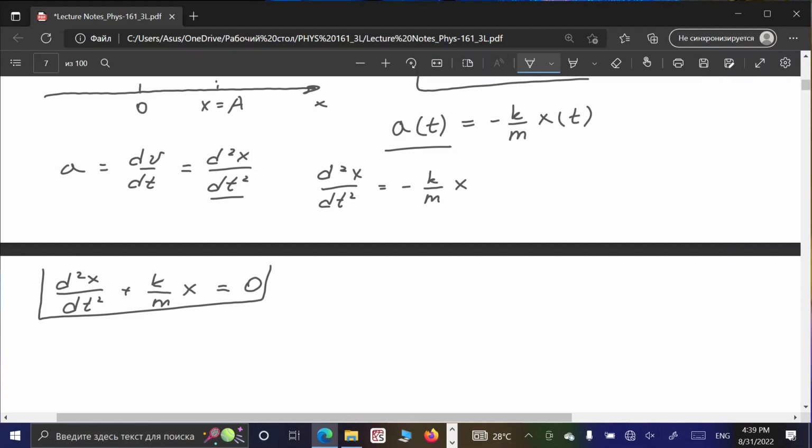But now it's just a clear example of what happens in terms of application of the second law of motion when we deal with time-dependent forces.